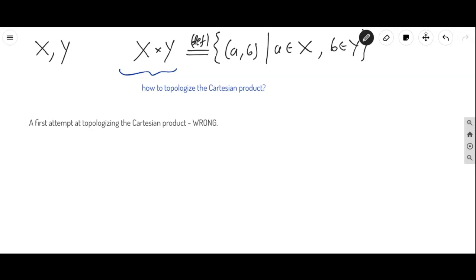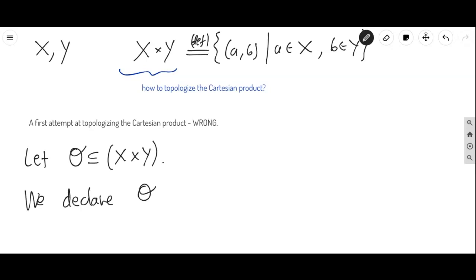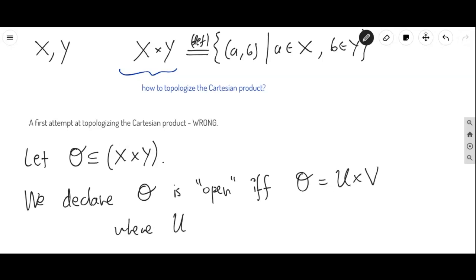So let's say O, for open, be a subset of the Cartesian product, and we declare that O is open if and only if it has the form U times V, where U is something that's open in X and V is something that's open in Y. So you say that the open subsets of the Cartesian product are those subsets that have the form of some open set times some closed set.